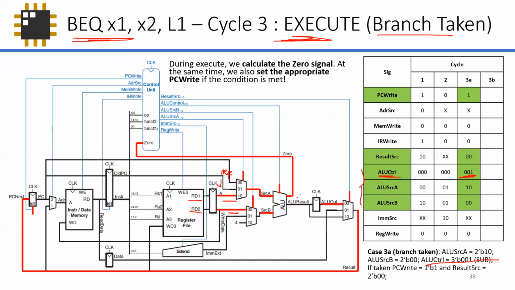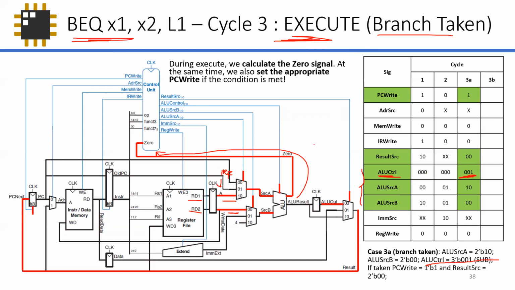If the result is 0, and we know that we're doing a branch instruction, then we can determine that we take the branch.